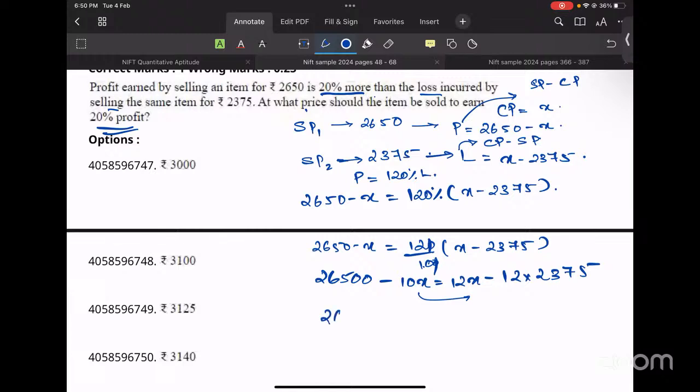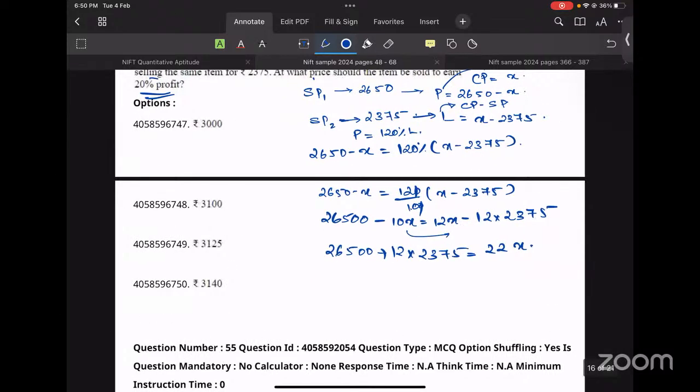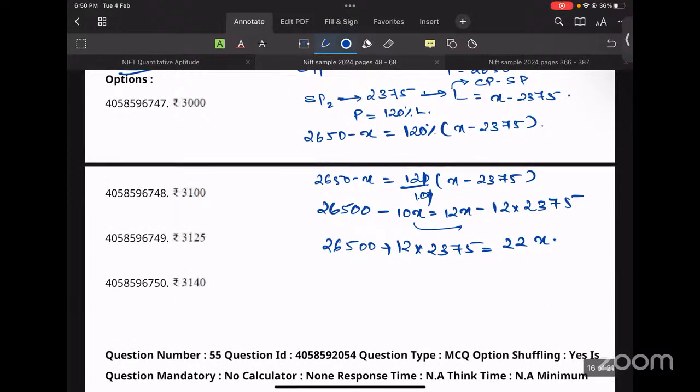So 26500 plus 12 into 2375 equals 22x. You can keep 26500 like that. 10 into 2375 plus 2 into 2375 will be easy when you solve it in the exam hall.